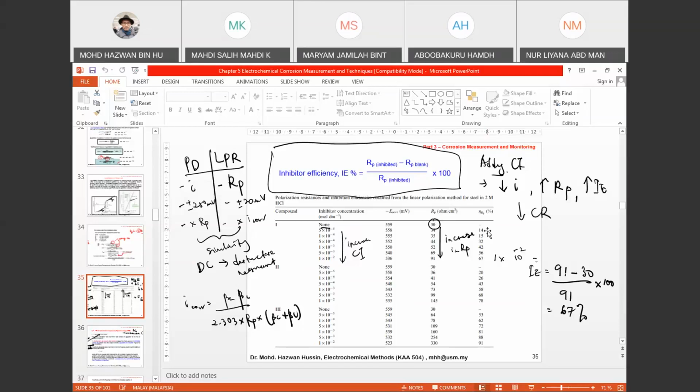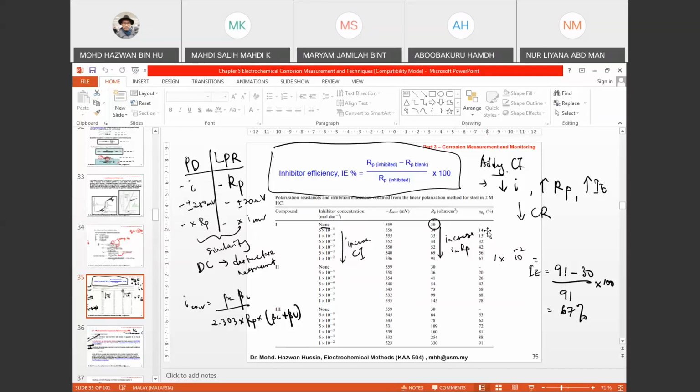I'm not sure. This is actually taken from a journal, so probably there's a mistake in the calculation. If you calculate it, you will probably get that value. But I'm assuming that the value of resistance RP reported over here, they have rounded it off, so there's some change in value as well.